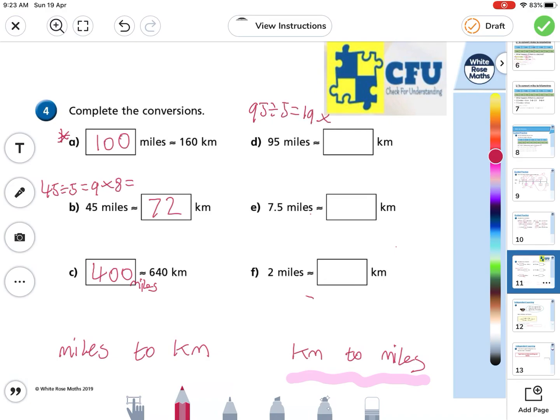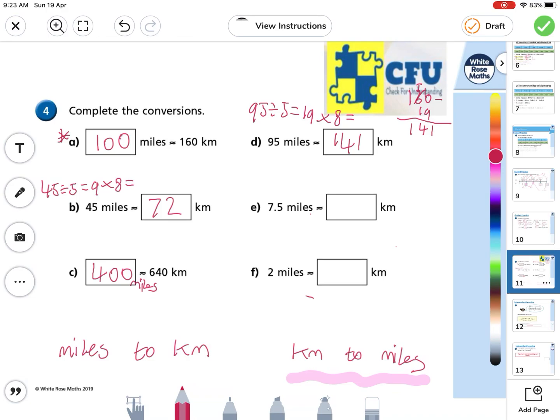Then 19 times 8 will get me the answer. I know that 20 times 8 is 160. And then take away a lot of 19. Let me just work this out. 141 kilometres.